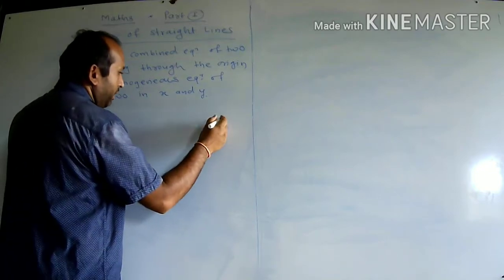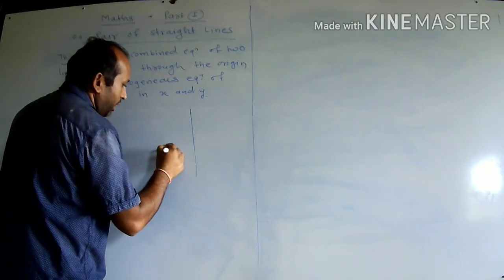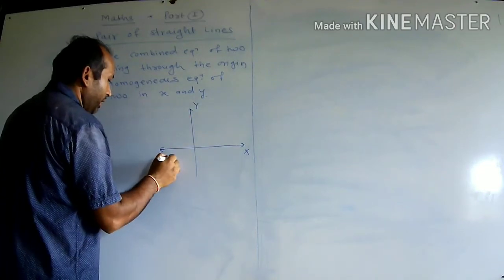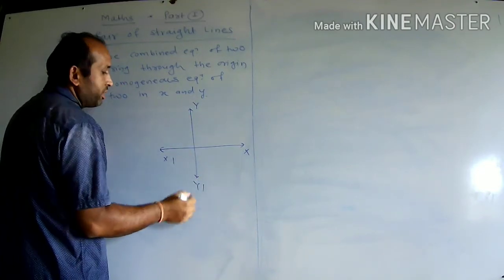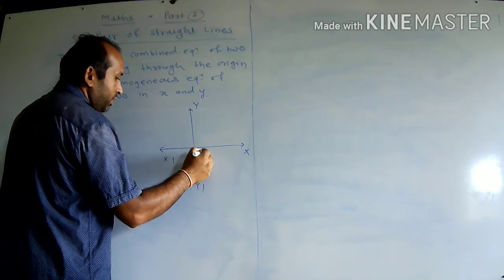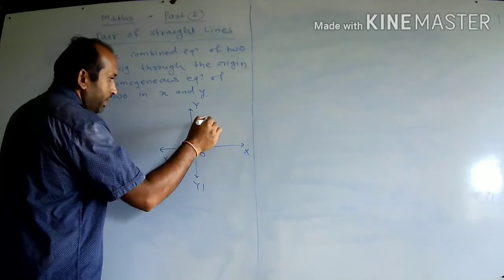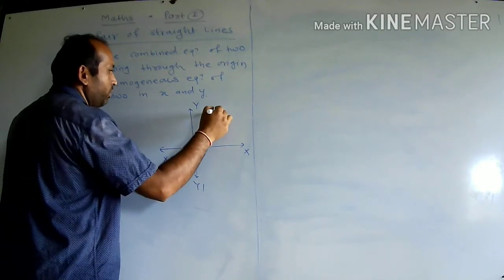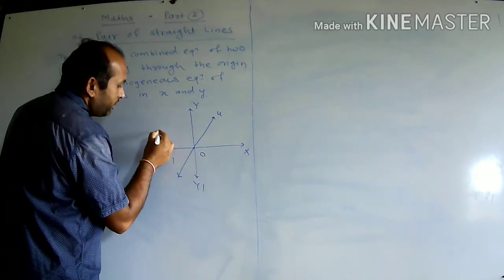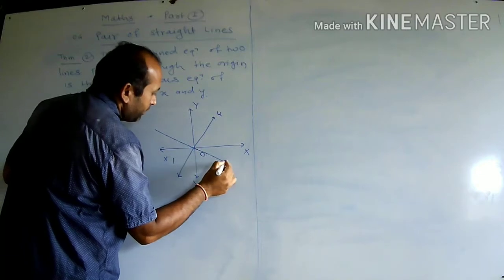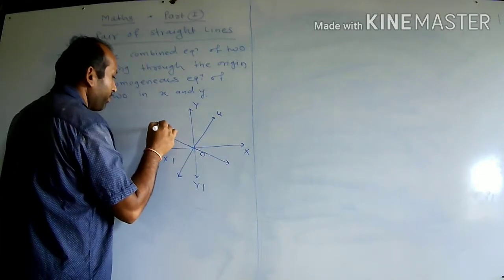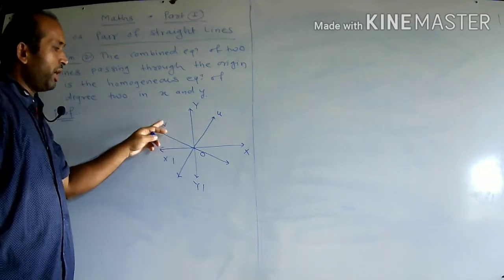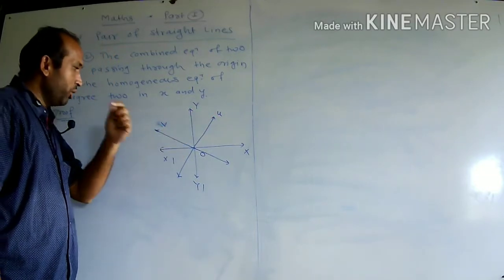So see the figure here. This is the Cartesian coordinate system x, y, x dash and y dash. Here this is the origin. Then consider two lines. Suppose the first line is u and the second line is v. These two lines pass through the origin.